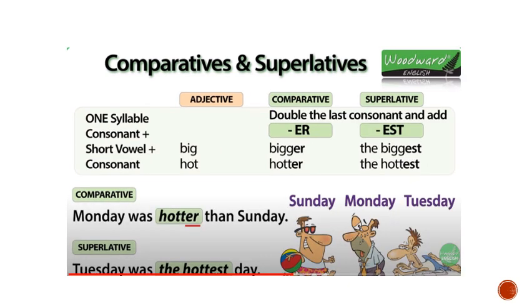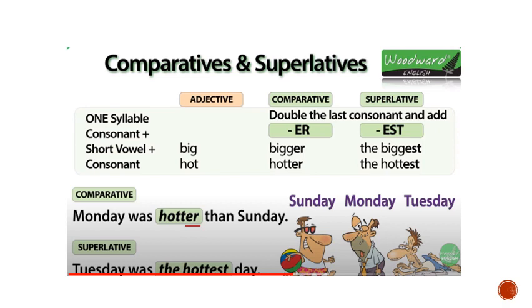Here we have one-syllable adjectives, mbiemrat njërokësh, por këto mbiemra mbarojnë me consonant plus a short vowel plus a consonant. Këto janë mbiemra që nisin me një bashkëtingëllore plus zanore plus bashkëtingëllore. And in the comparative form, we double the last consonant and then we add er. Në shkallën krahasore ne dyfishojmë bashkëtingëlloren e fundit dhe shtojmë er.